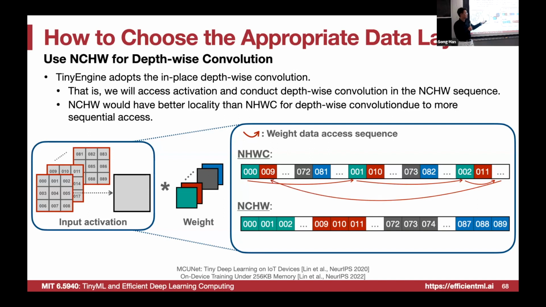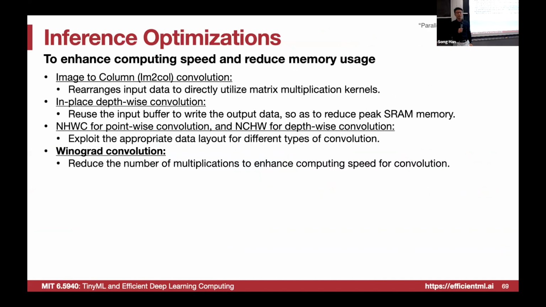And then we go back to the second kernel, the right kernel. But if we are using NCHW, we are storing in this way. All the colors are contiguous, staying together, which is good. This shows that for depth-wise and point-wise convolution, different formats are preferred for different kinds of convolution.